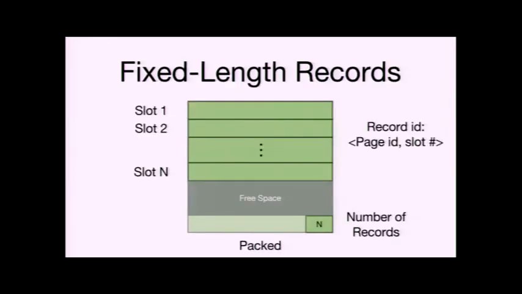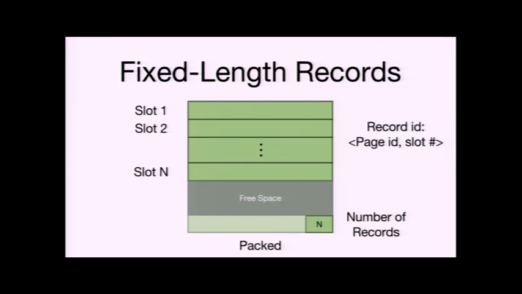Storage. Okay, so we're going to talk about storage. We're going to talk about the file formats that you're storing. For your pages, so this is one page, for example, for fixed length records, the packed format is when you keep all of your free space at the end, so all of your records are going to be at the top, and every time you remove something, you're going to need to fill in that space.